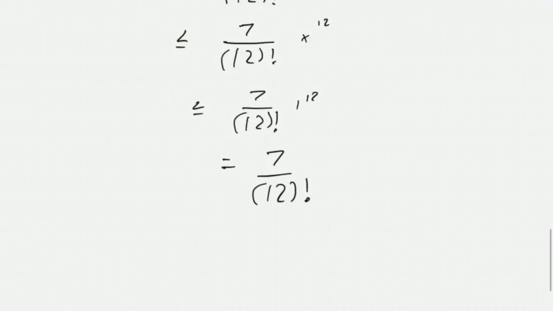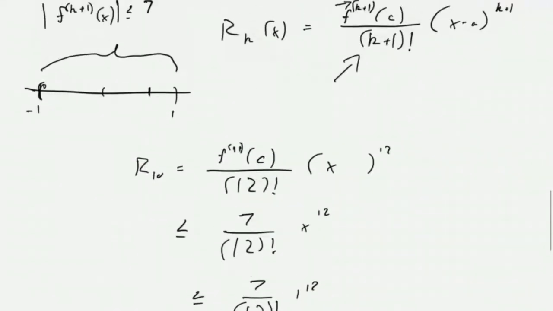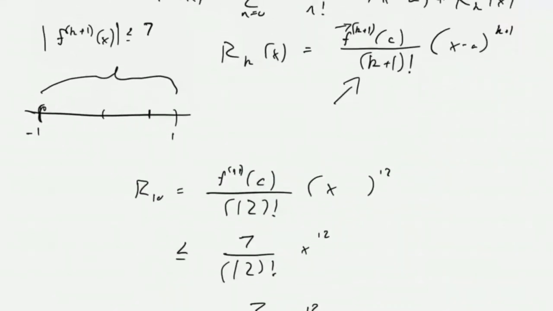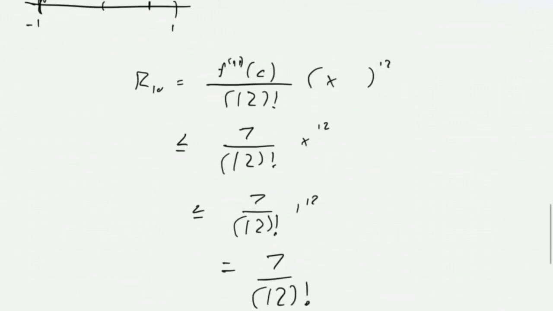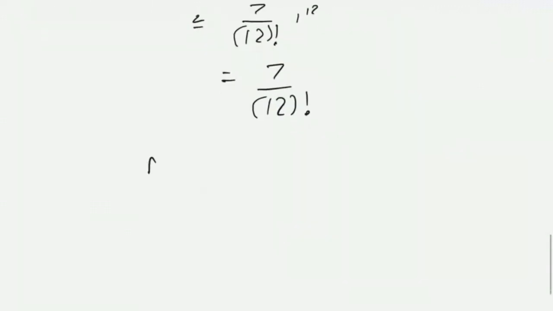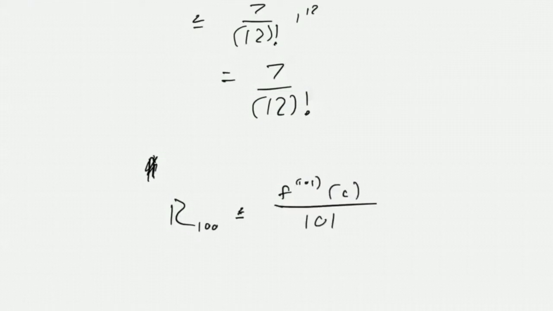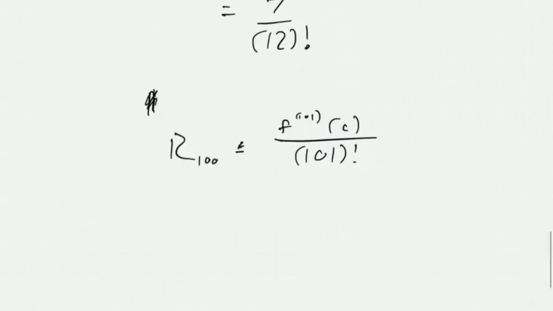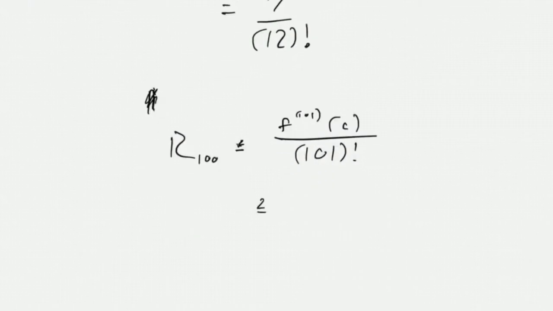Okay. So this is a good estimate of the error. The factorial gets pretty big, right? So our error is pretty small. And we can see if all the derivatives, like if the 100th derivative is still less than 7, then let's see if we take a 100-degree Taylor polynomial and consider the remainder.